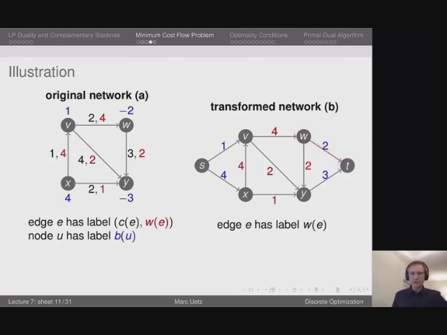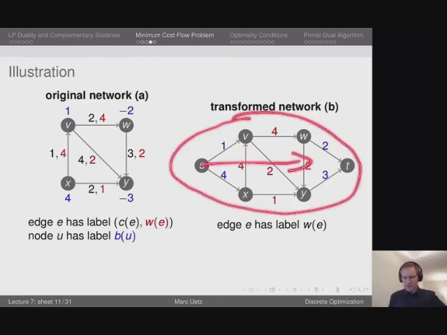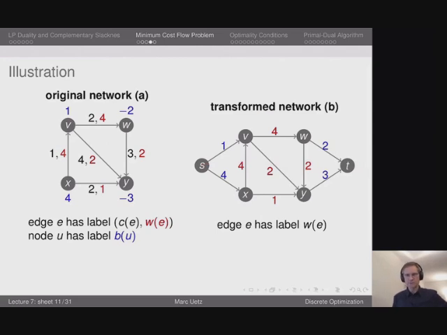And now in this auxiliary network, we compute a maximum flow from S to T. A maximum flow, if it is equal to the capacity of this network cut here, which is exactly the amount that has to arrive in V and X, so that is this 1 plus 4. So if the maximum flow is equal to 5 in this network, then we will have found a feasible solution in the original problem as well.